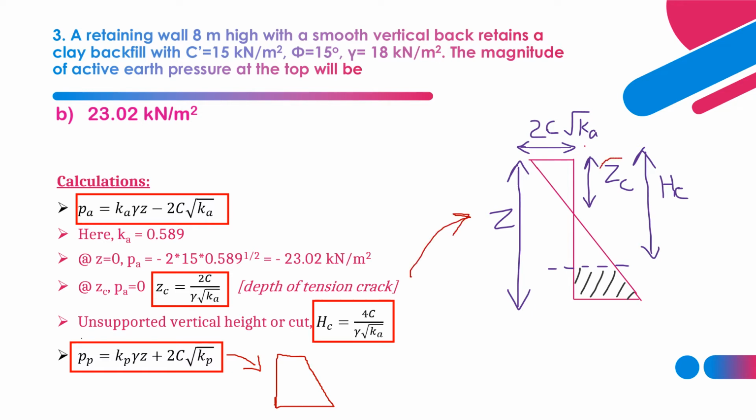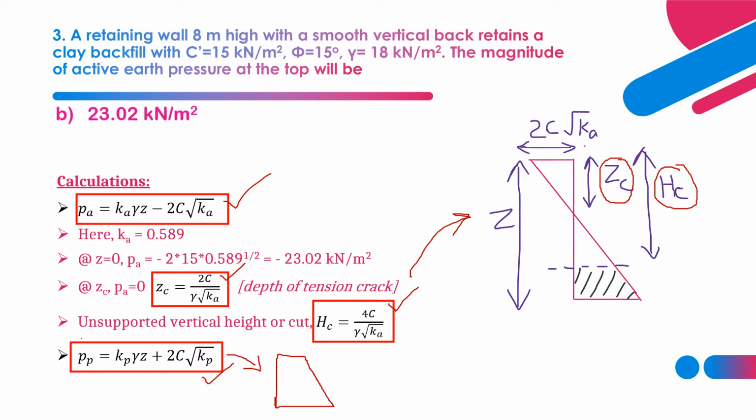This is the tension crack depth, and this is the depth of unsupported vertical height or cut, we can say, due to the cohesion present in the backfill, that is nothing but clay. So here we have learned about earth pressure at any depth in case of clay backfill, the depth of tension crack, the unsupported vertical height or cut, and what the pressure will be in case of passive condition.